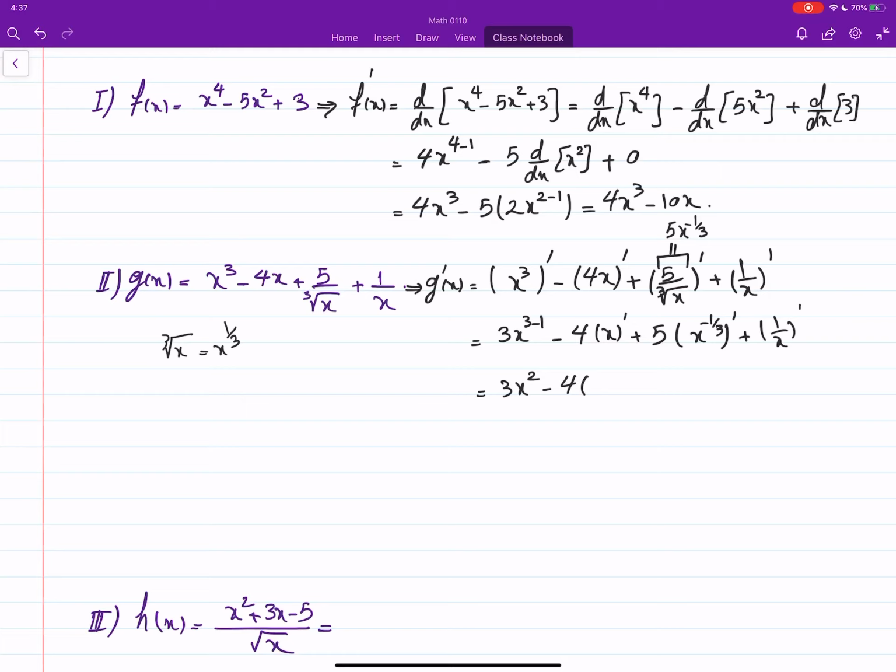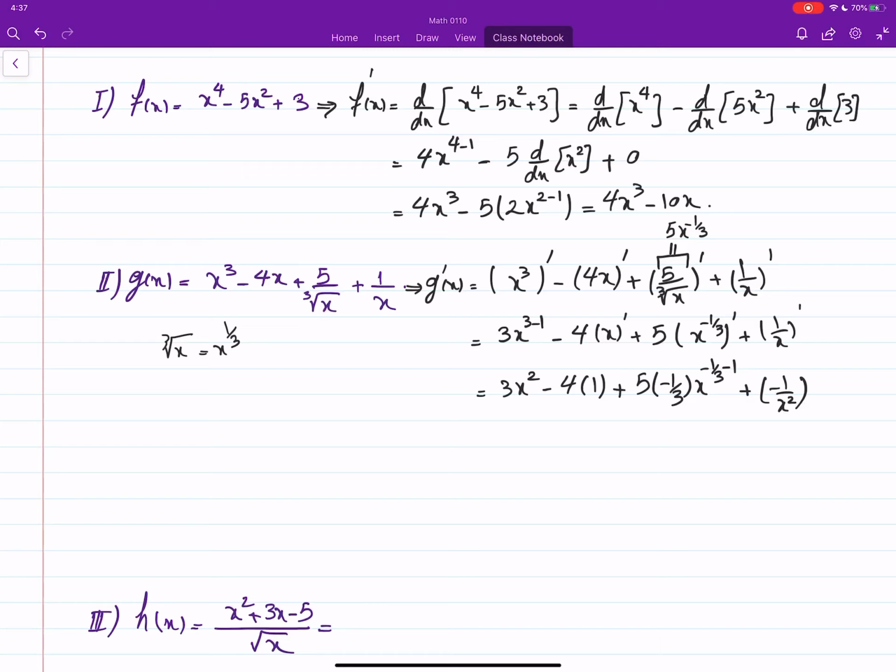You see that the derivative of x is 1, plus 5 x to the power negative 1/3. So negative 1/3 x to the power negative 1/3 minus 1.